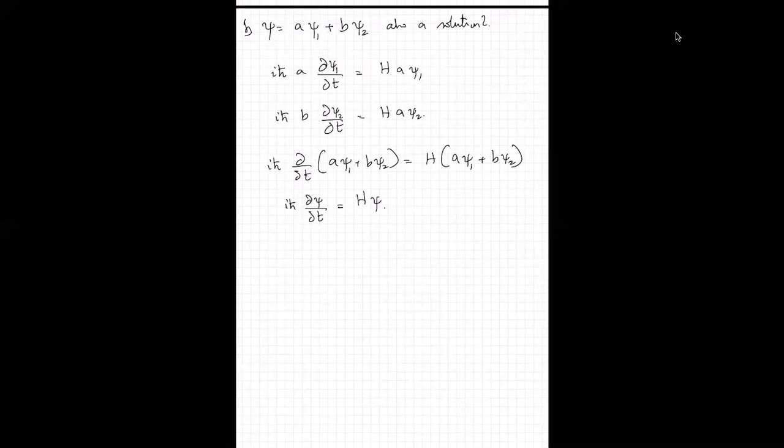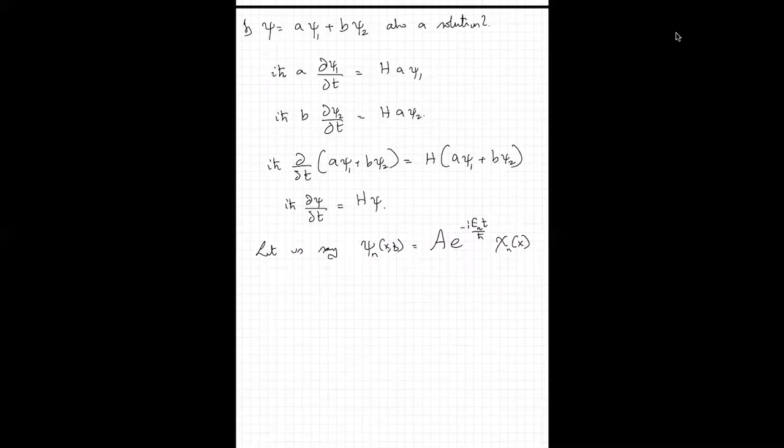Now let us assume that there is an arbitrary number of solutions, which we call with some index n: psi n of x,t is equal to A e to the minus i E n t over h bar chi n of x. There can be as many n's as one wants, like 15 different solutions, whatever it is.